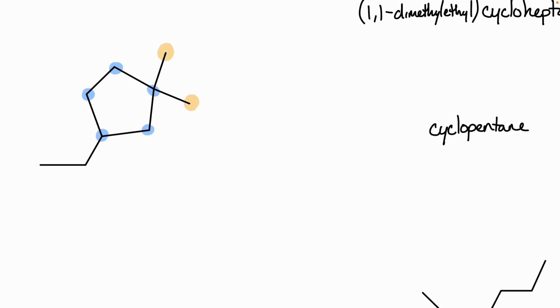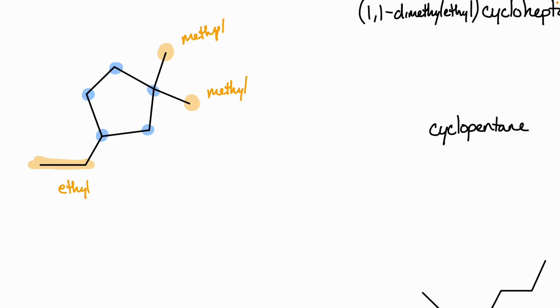I get a methyl group here and here. So what's going to appear in my name when I refer to these two methyl groups? Dimethyl. Okay, but we got another one over here. And this one is an ethyl group.